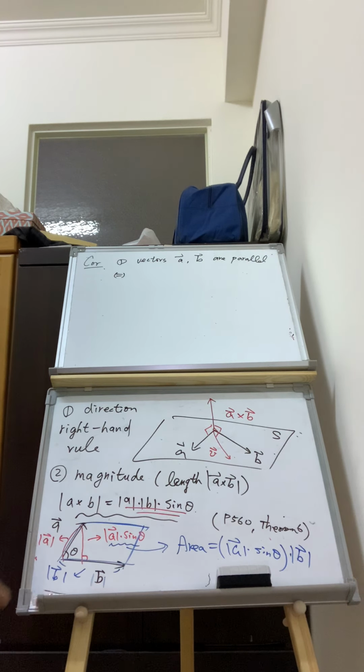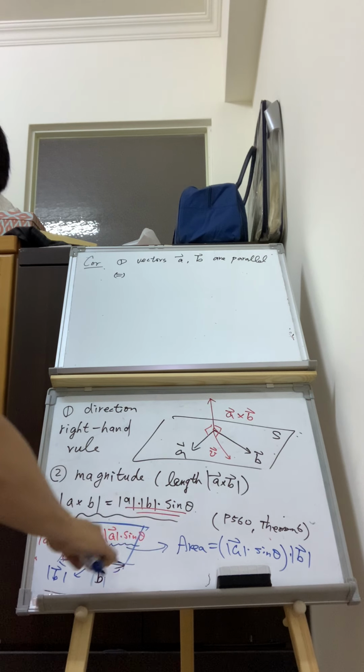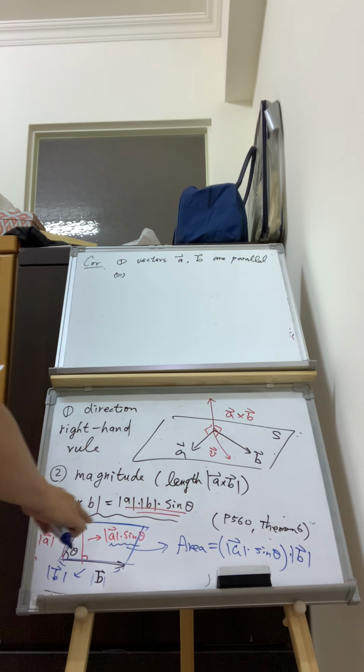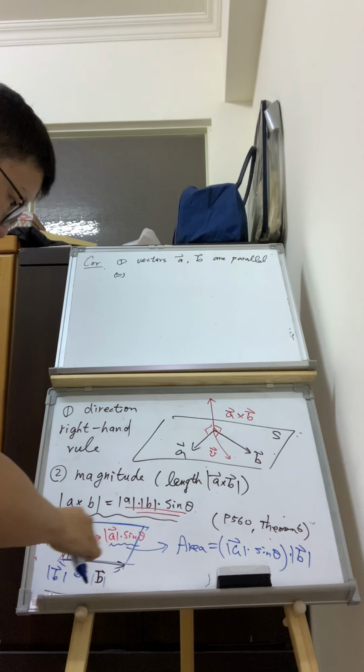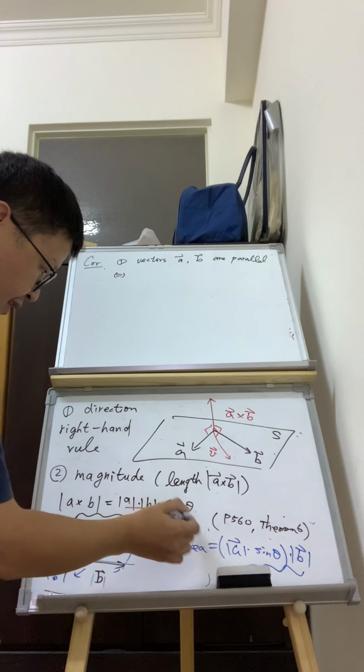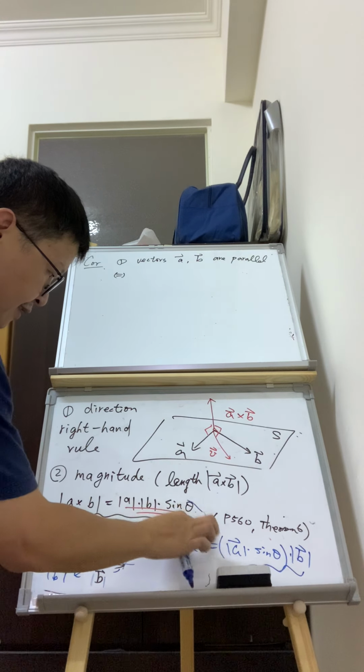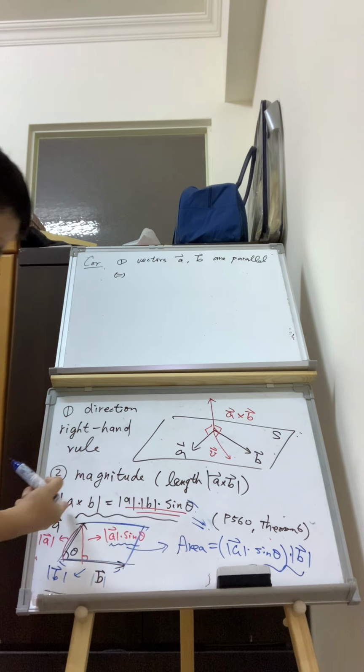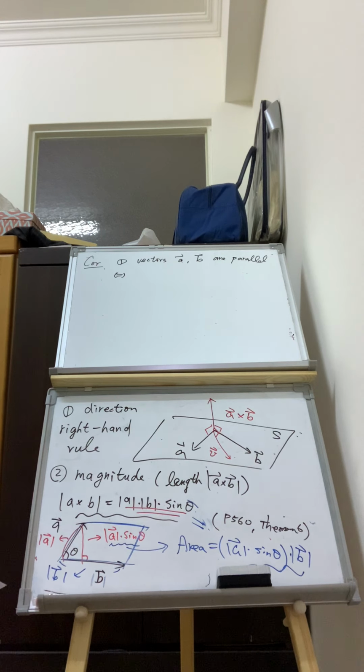The area of this parallelogram is exactly this, so it's exactly the length of their cross product. So for the cross product, its length or its magnitude is exactly the area of this parallelogram.